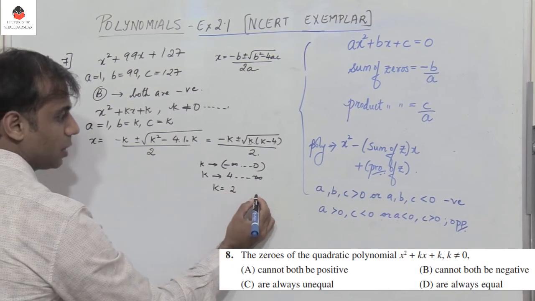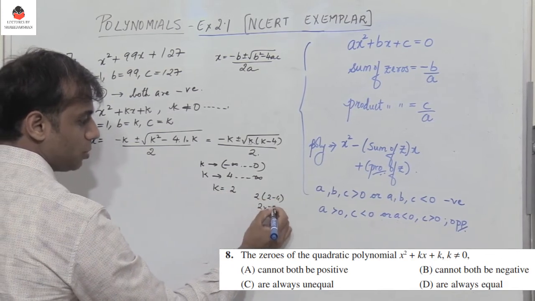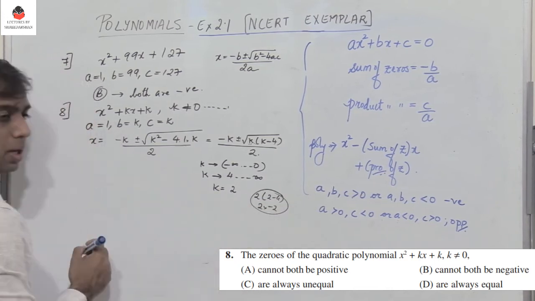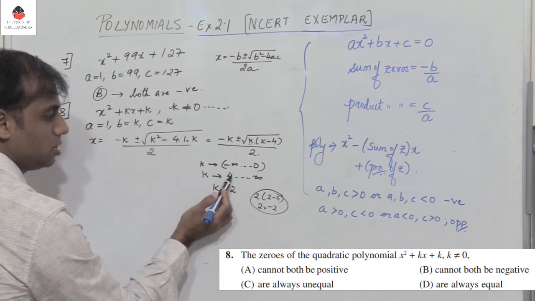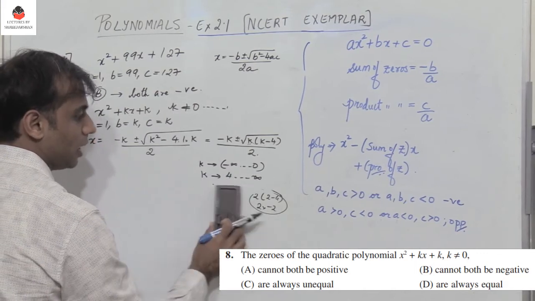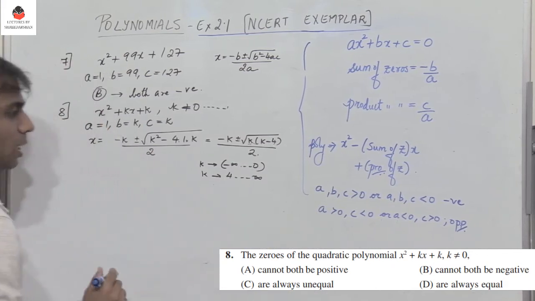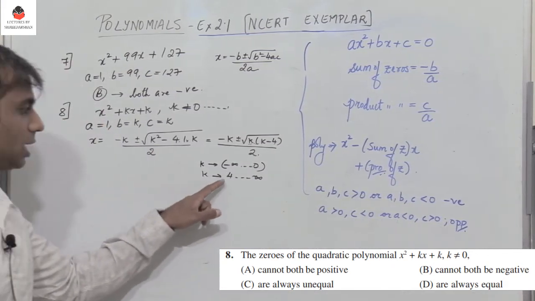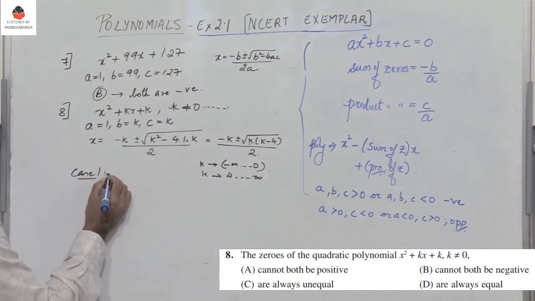In that case, I would get 2 into (2 minus 4), which is 2 into minus 2, so I get a negative value. So I need to avoid all the values of k between 0 and 4. Therefore, the value of k will lie between minus infinity and 0, or the value of k can lie between 4 and infinity. So let's consider the first case.